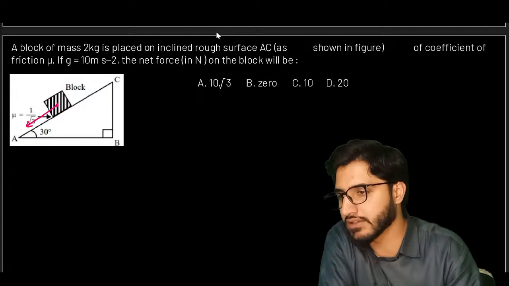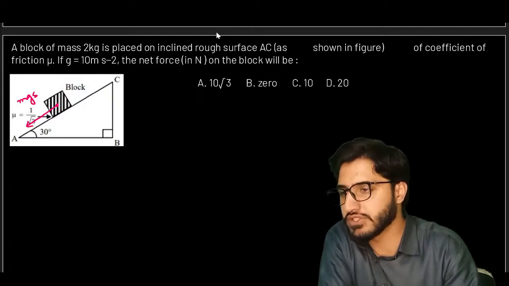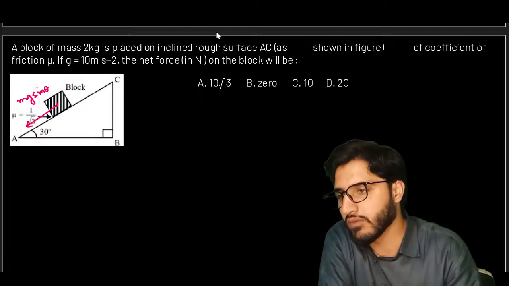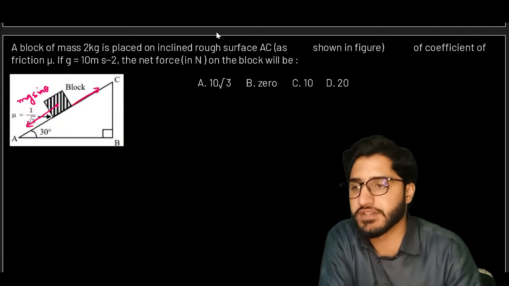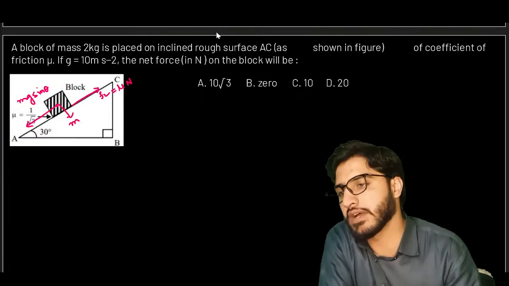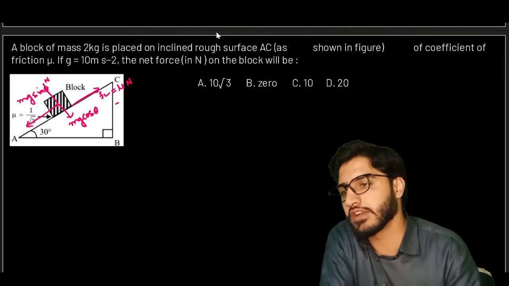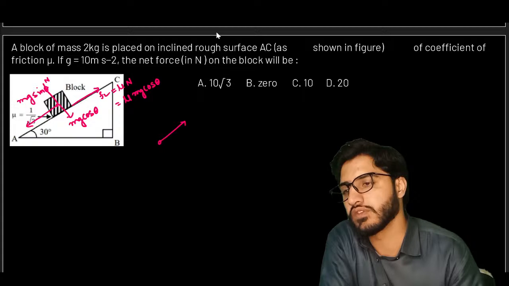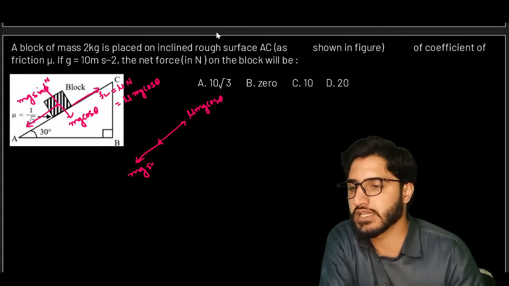One component will be mg sine theta, and the upper component will be my friction, nu N. This will be my mg cos theta, and this will be my N. So I can write nu N equals mg cos theta. So I have only two forces now: this one is nu mg cos theta, and this one is my mg sine theta.